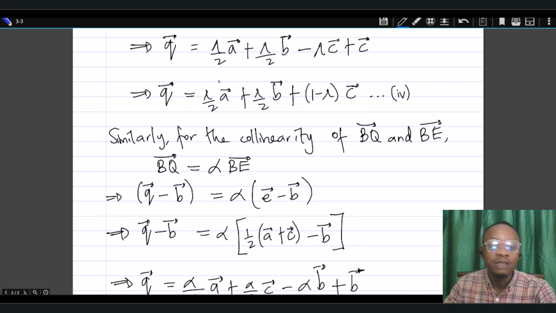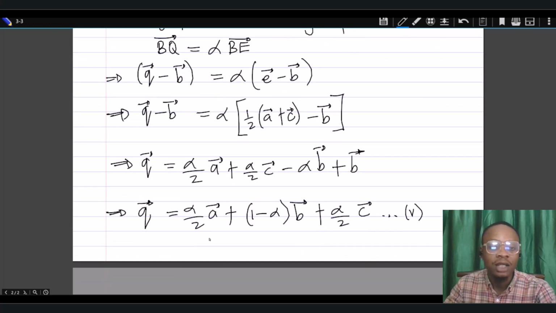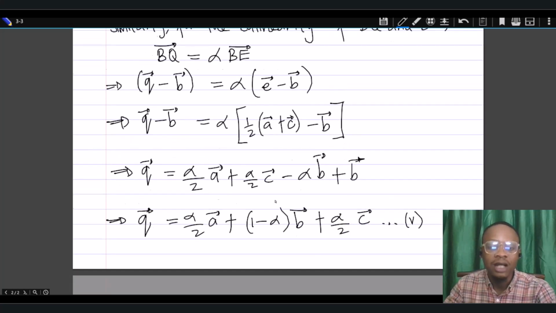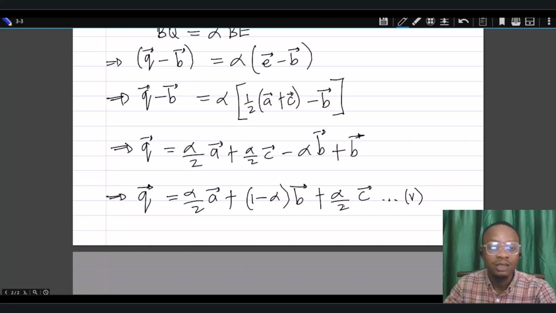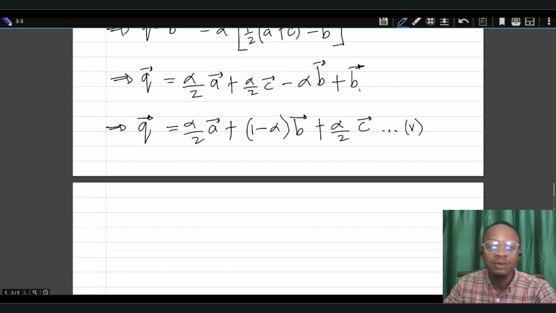That means the coefficient of A here should be equal to the coefficient of A here. The coefficient of B here should be equal to the coefficient of B here, and the coefficient of C here should be equal to the coefficient of C here as well. So if that is the case, let's have another page and deal with that.